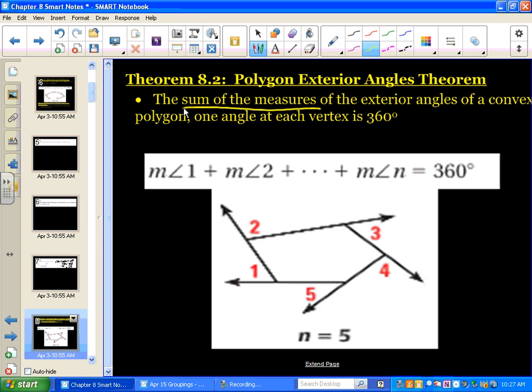What is an exterior angle? How do you know when you have one? Andy? Okay, it is on the outside, but we need a little bit more than that. It's not just on the outside. What else? How do you know when it's an exterior angle?